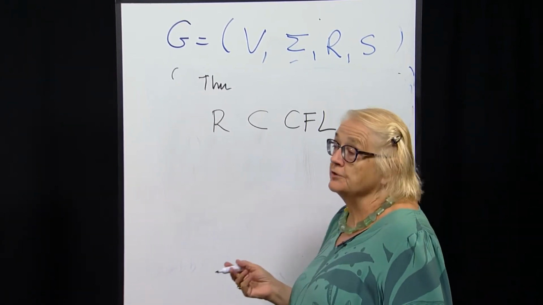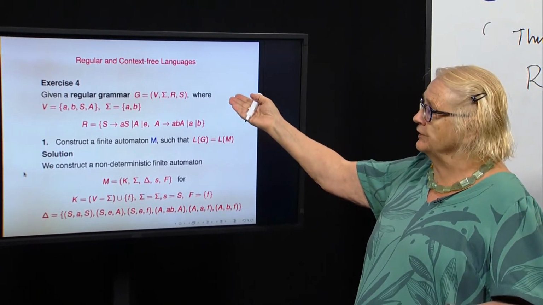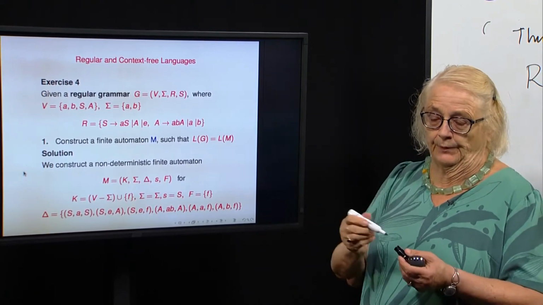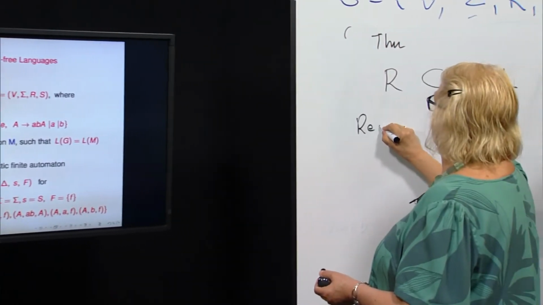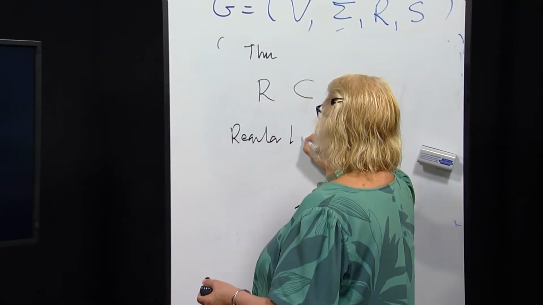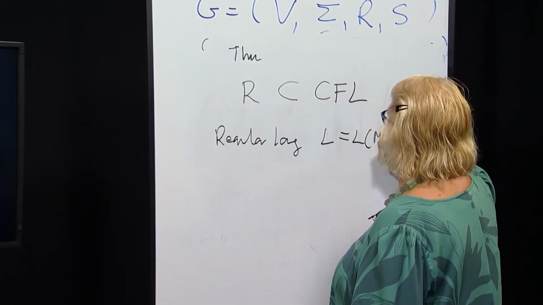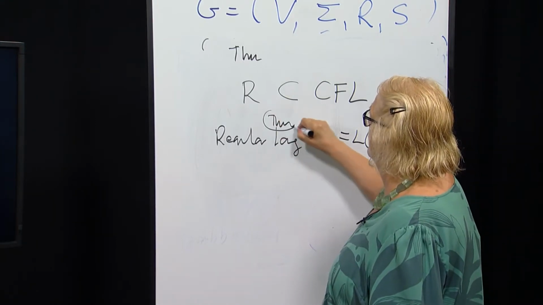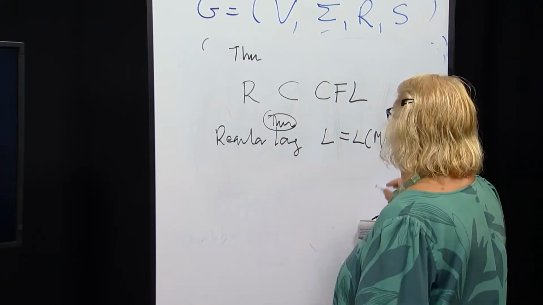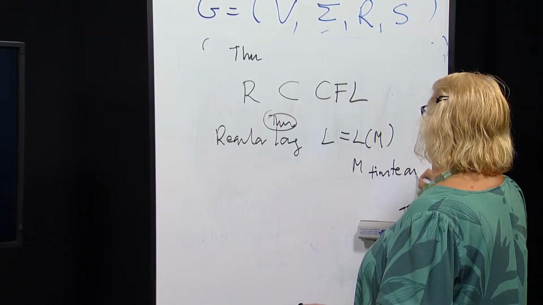So, first, let's look at an example. I want regular language L equal L(M). That was also our main theorem for M finite automata.